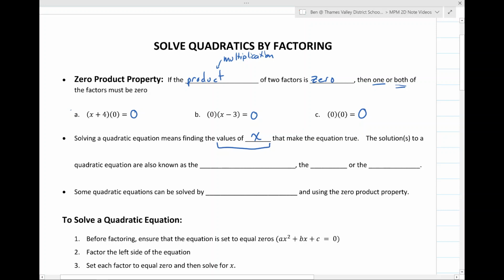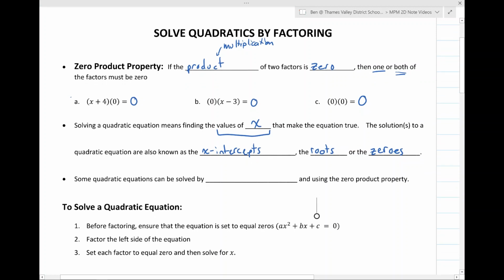The solutions to the quadratic equation are known as the x-intercepts, also known as the roots or the zeros. It's up to you to recognize each of these words in a given problem.